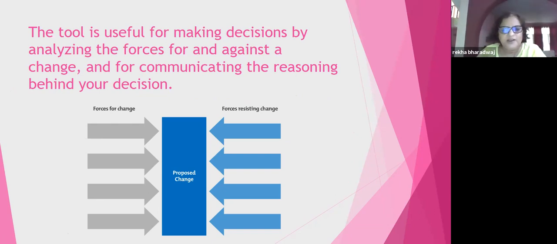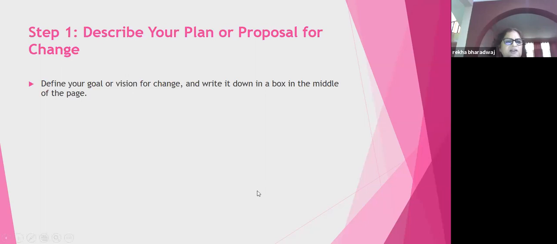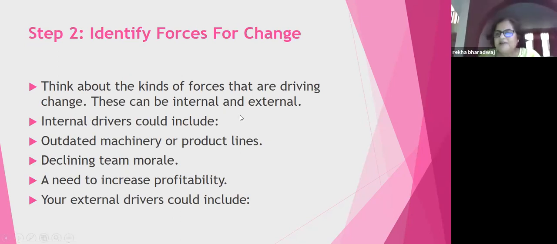So whatever you want to propose as change, you write in the middle, and then you see what are the forces which resist and what are the forces which drive the change, which can be internal to the person or the organization, and external to the person or the organization.